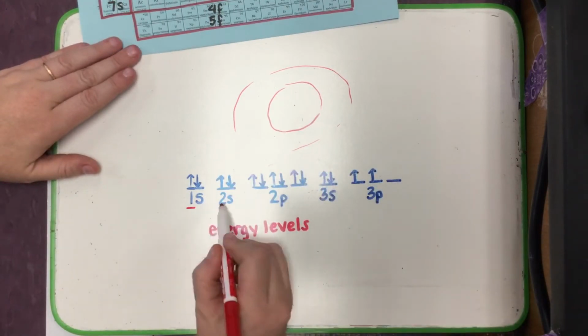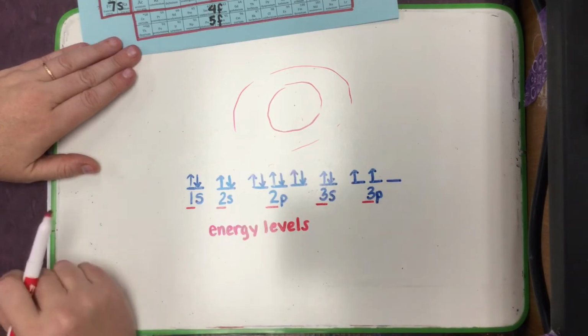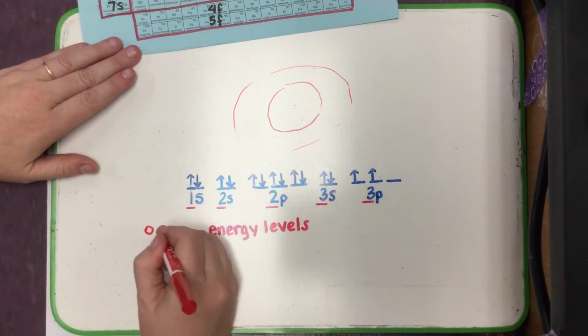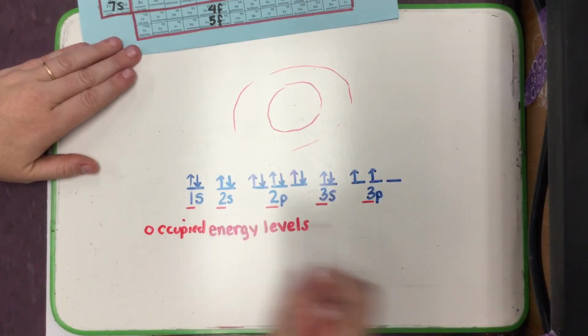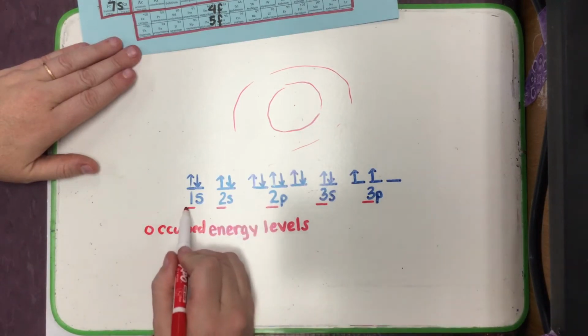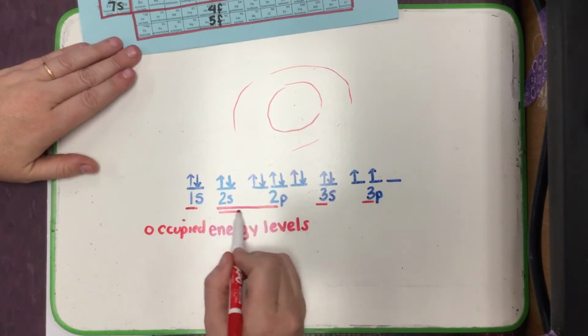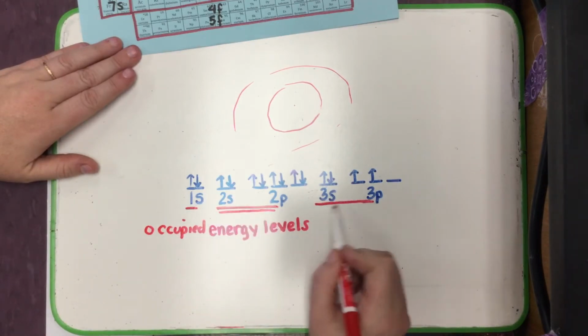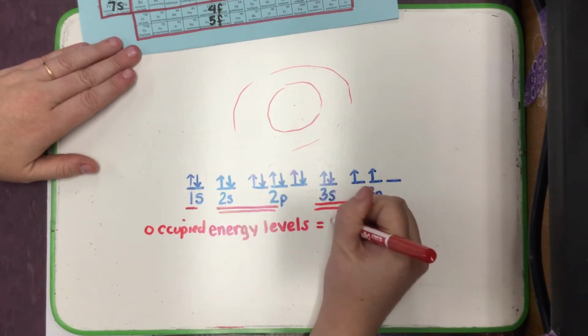They're represented by the numbers, and if we want to figure out how many occupied energy levels we have, we just need to look for the highest number that we drew. So we have some electrons on the first energy level, some on the second, and some on the third. So our occupied energy levels would be 3.